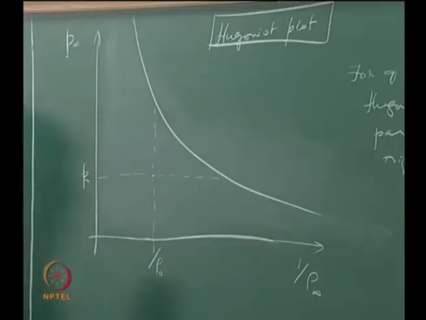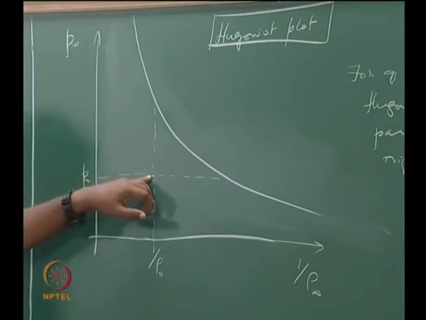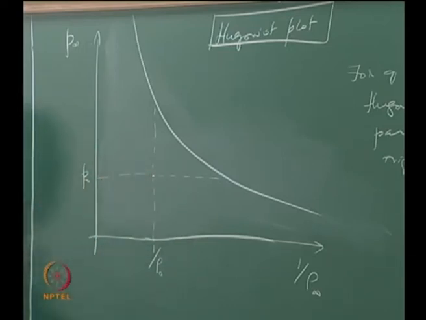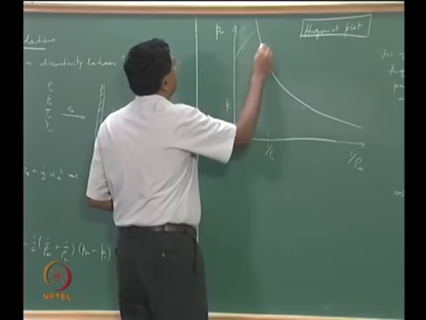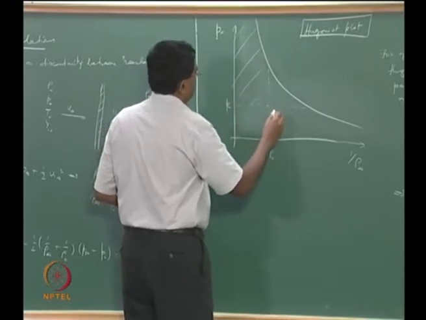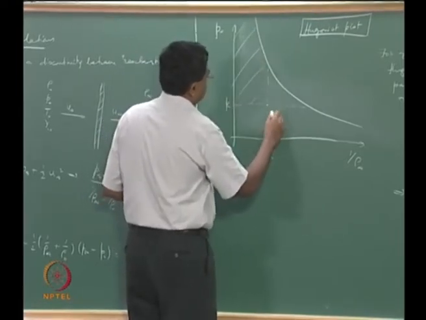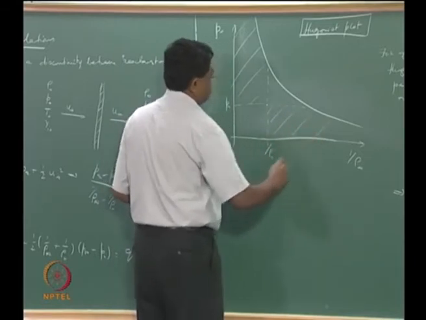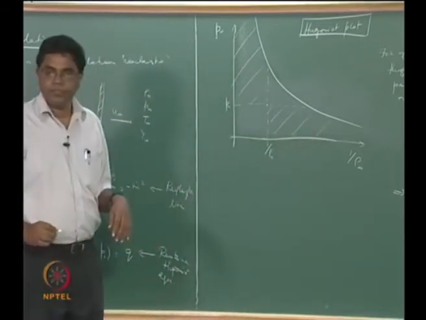Your Rayleigh line can have only a negative slope, right. So if this is your origin of the Hugoniot, the Rayleigh line can fill only the second quadrant or the fourth quadrant, right.